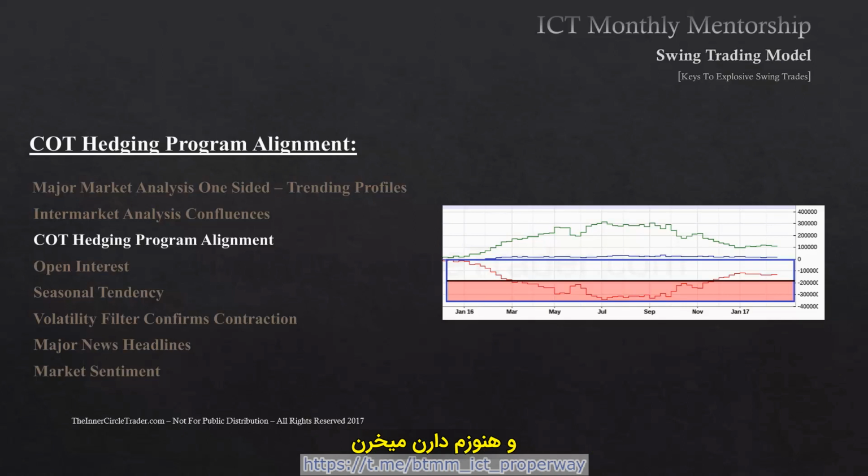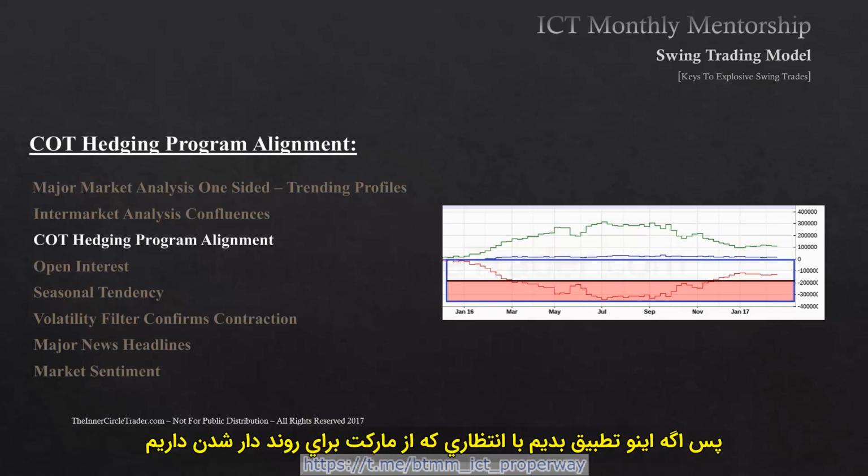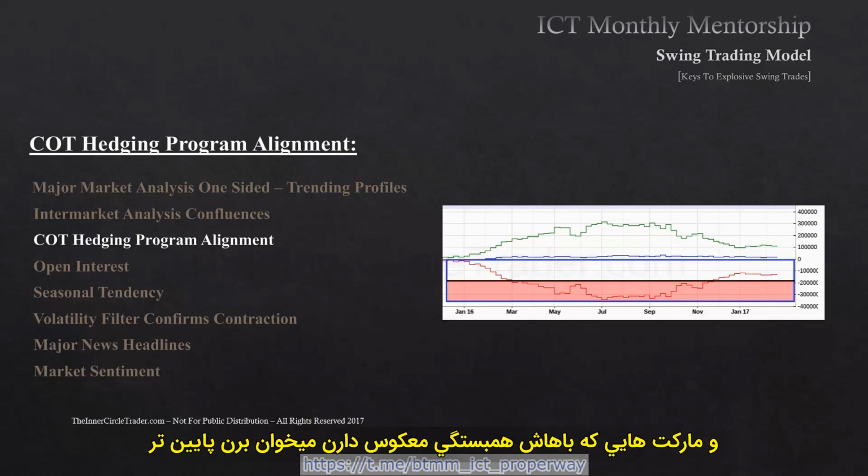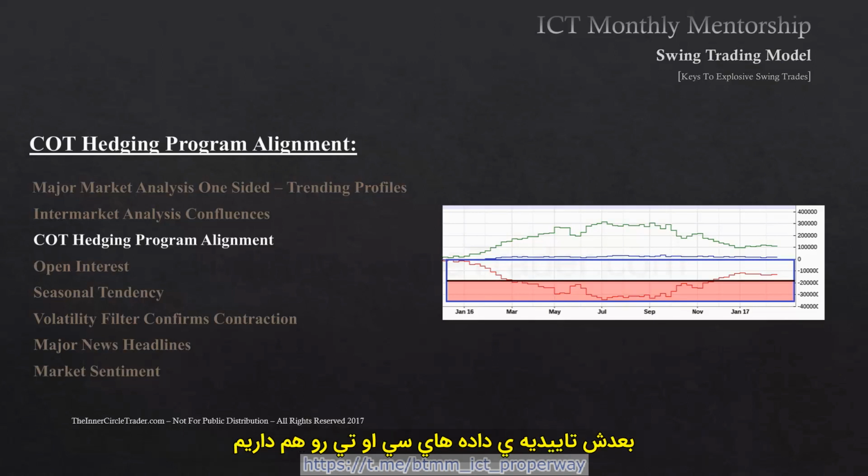So if we see this in alignment with the expectation that the market should be going in a trending environment, and intermarket analysis suggests that the market itself is going to go higher, and other markets that are inversely correlated to it are going to go lower, then we have the COT hedging program in alignment stating that yes, the commercials are in fact buying.